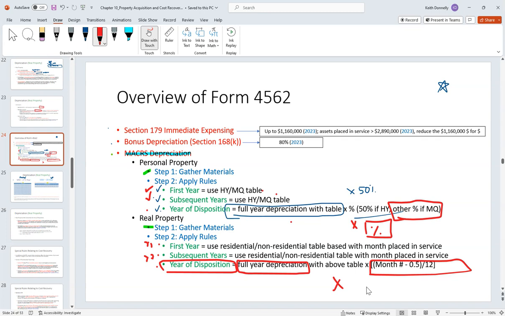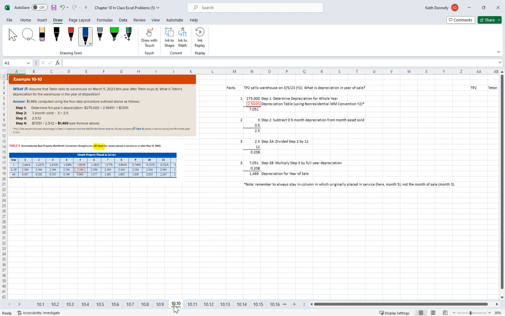That's a mouthful. You can just memorize it. What is it doing? That's a way to satisfy the convention. In order to give you only half of a month in the month of sale, we need to modify the percentage from the table. It doesn't calculate that. So let's look at an example here.